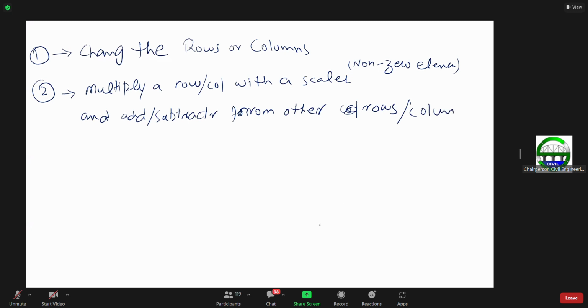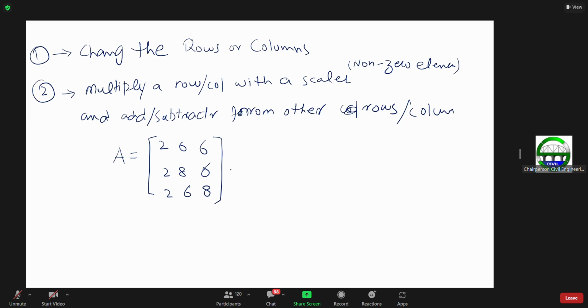What does it mean? For example, if A is equal to 2, 6, 6; 2, 8, 6; and 2, 6, 8.